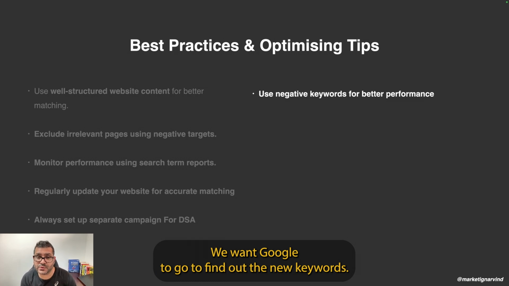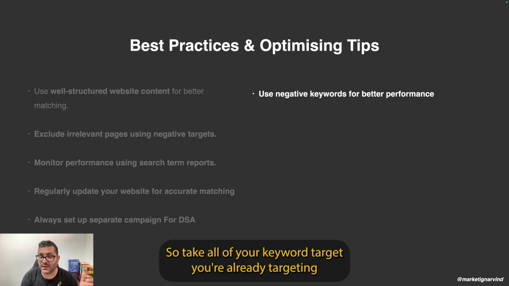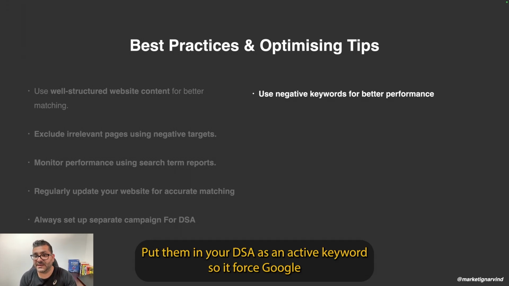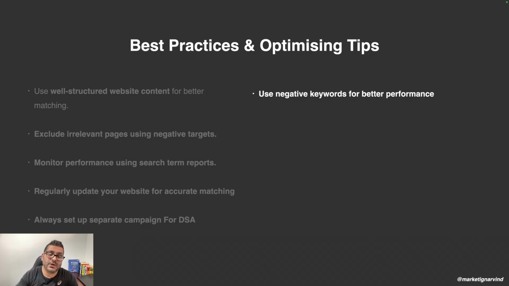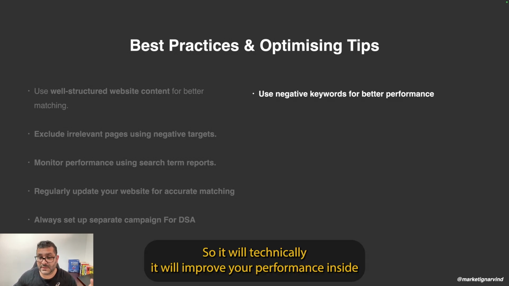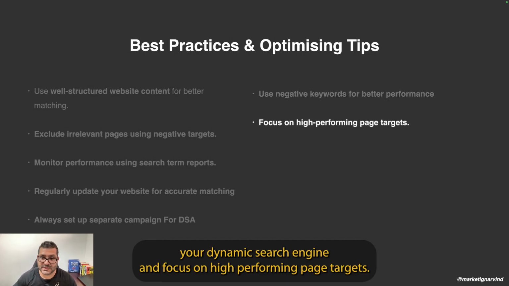We want Google to find the new keywords. Okay. So take all of the keywords you are already targeting inside your search campaign and put them in your DSA as negative keywords. It forces Google to find new keywords and helps us get new data. So it will improve your performance inside your dynamic search ad.